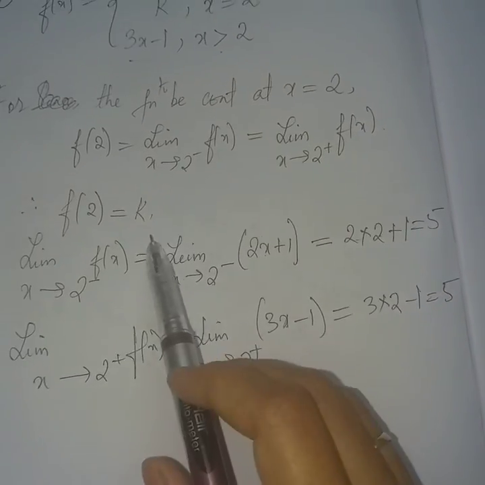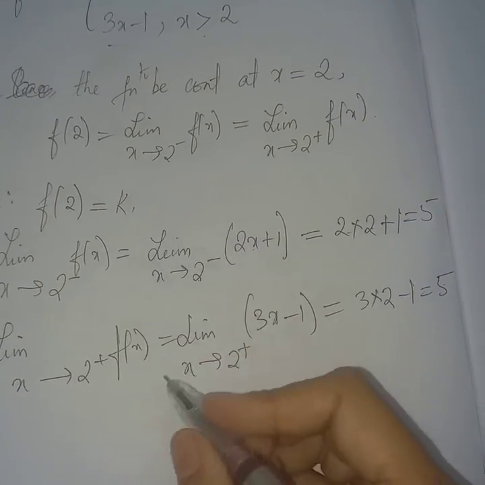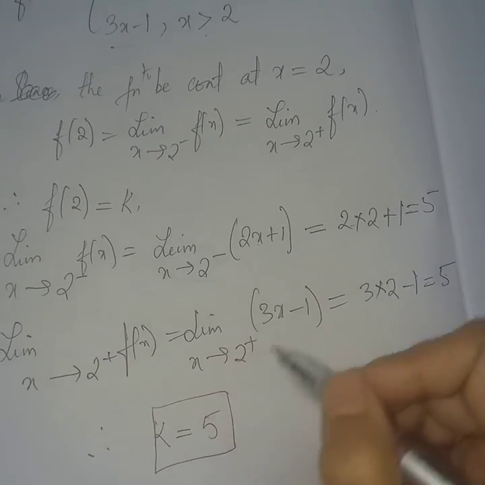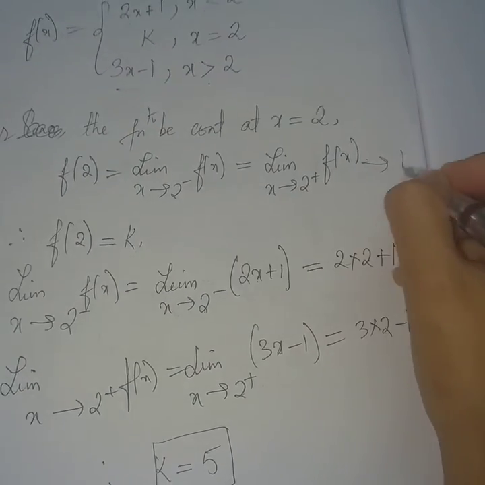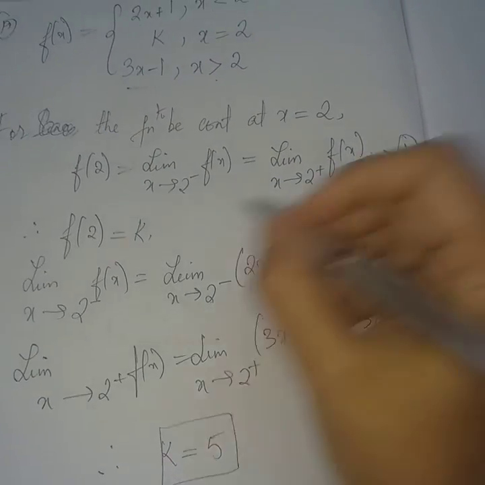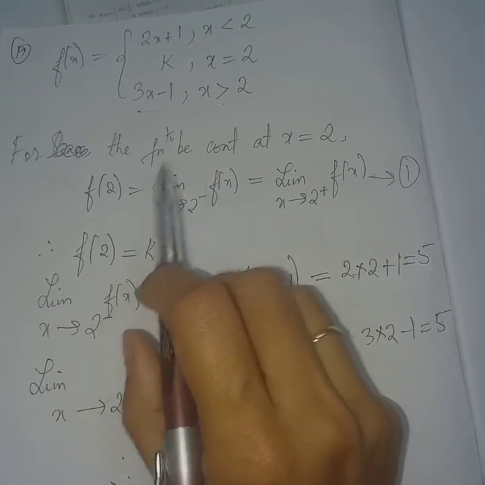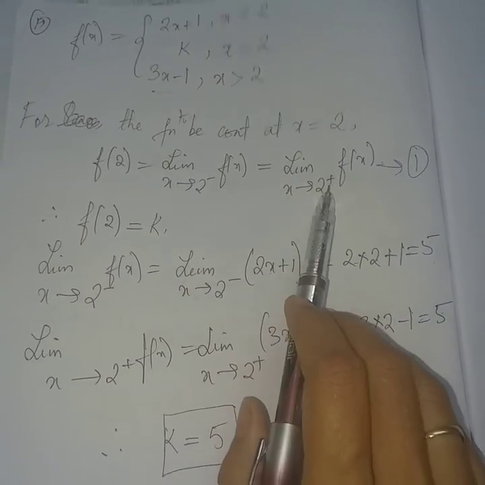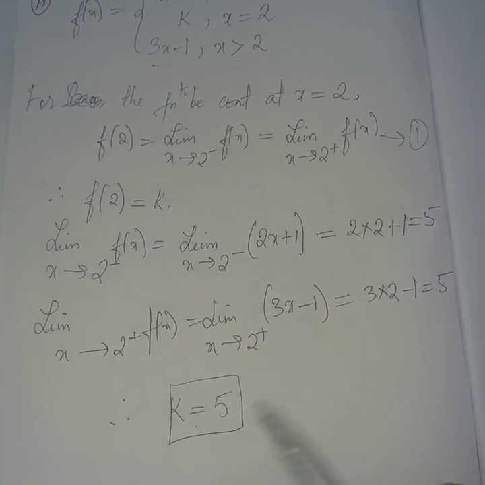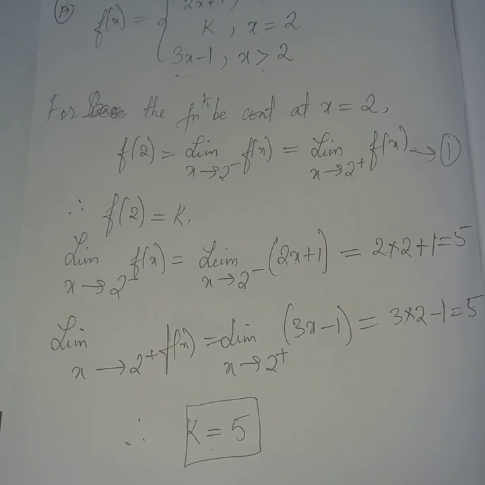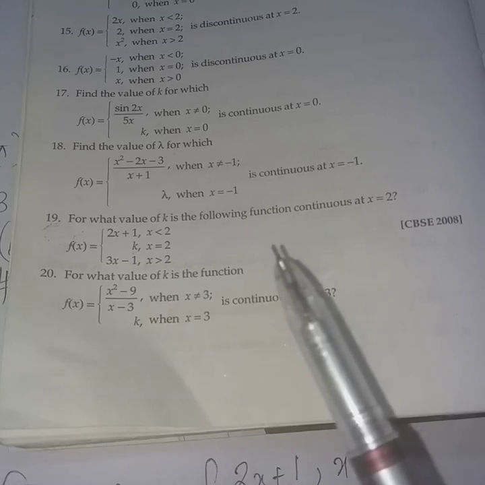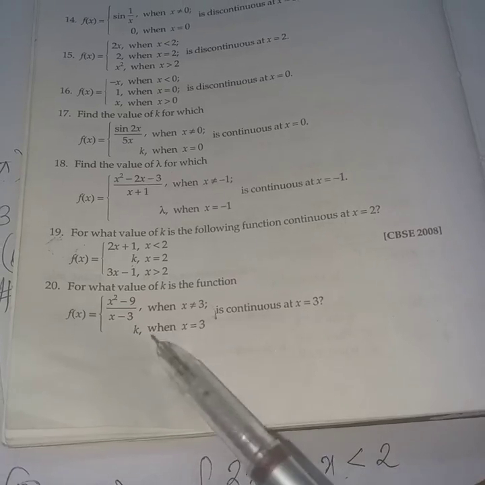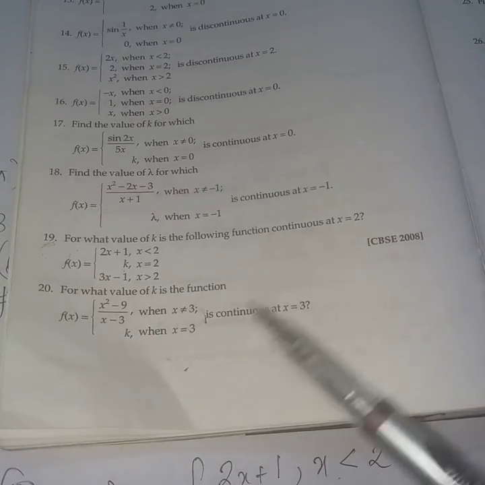That means for these three to be equal, k must be equal to 5. Why? From equation 1, since the function is continuous, f of 2 must be equal to this. So from 1 we have k equal to 5. So this is one kind of problem we have done. There can be other problems also of this kind, and in the same way we can do it.